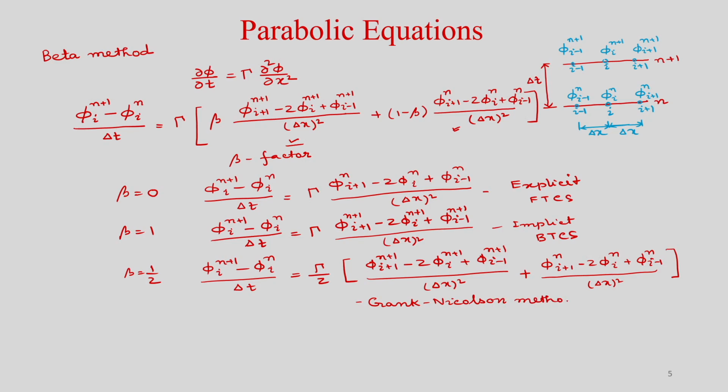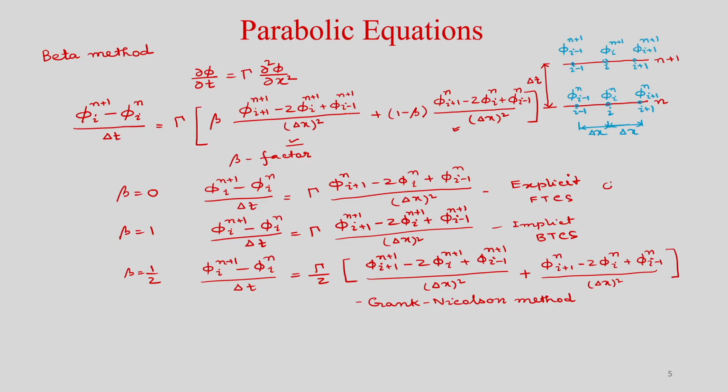Obviously you know that FTCS is conditionally stable, and the condition is gamma should be less than or equal to half, whereas BTCS is unconditionally stable, and the Crank-Nicolson method is also unconditionally stable.